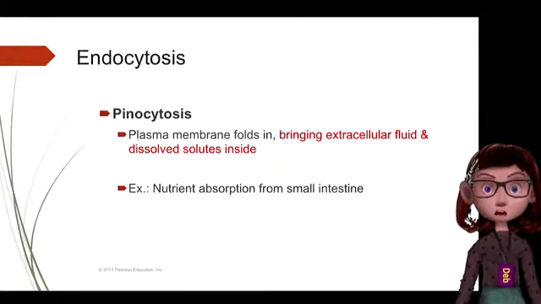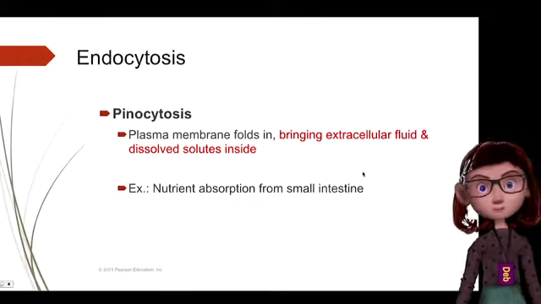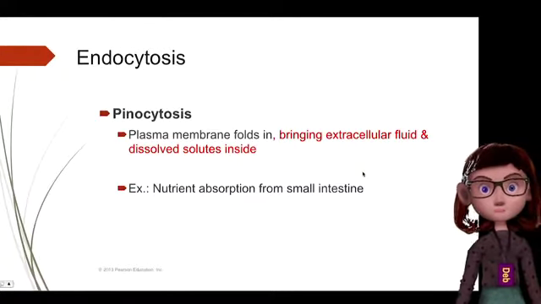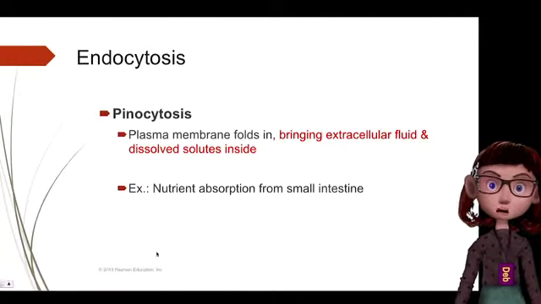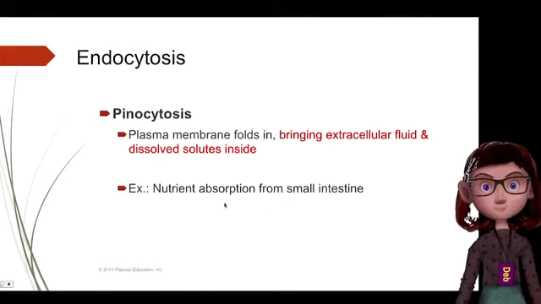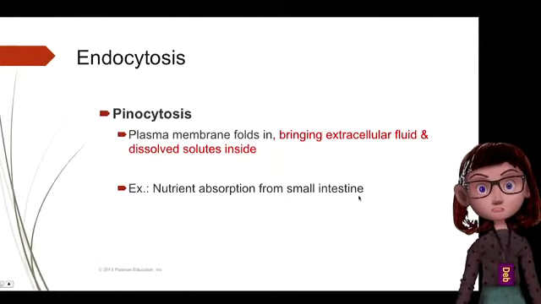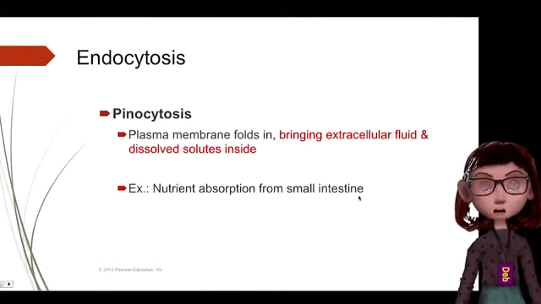Another form of endocytosis is pinocytosis. This is when the plasma membrane folds in, and it can bring extracellular fluid with any of the dissolved solutes that happen to be there inside the cell. This is used during nutrient absorption from the small intestine by the cells lining the small intestine.